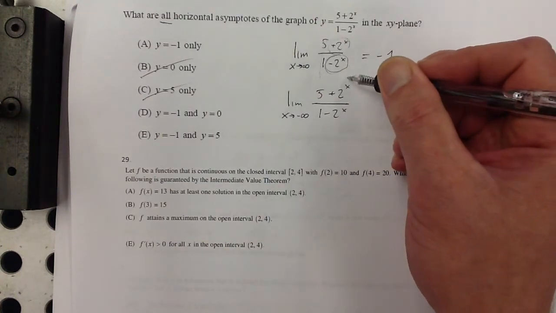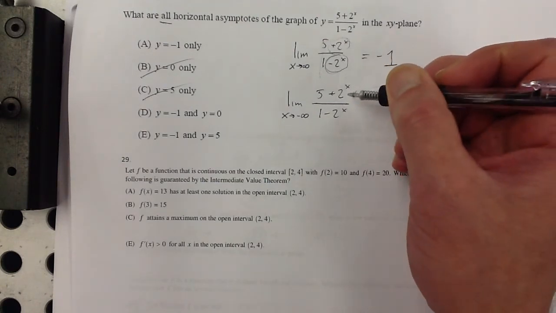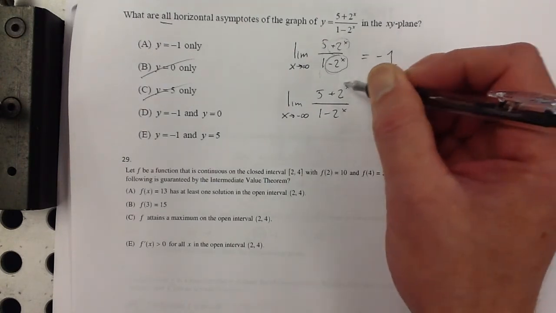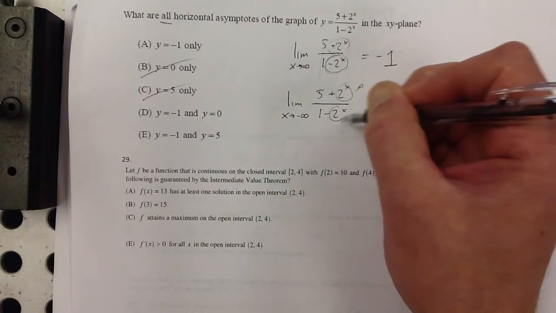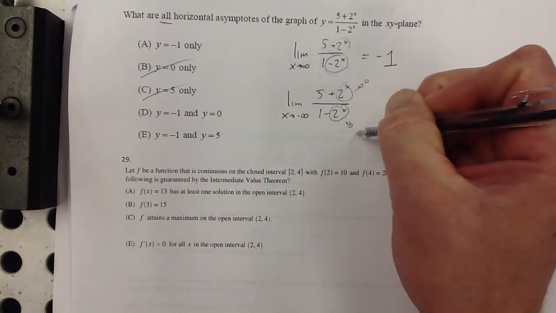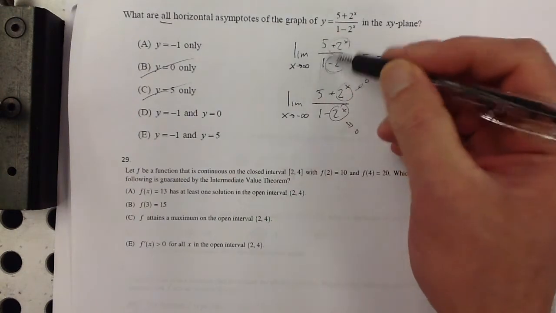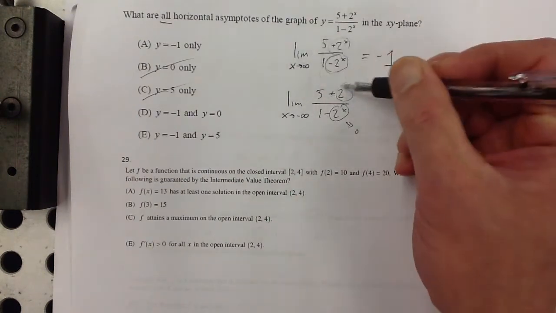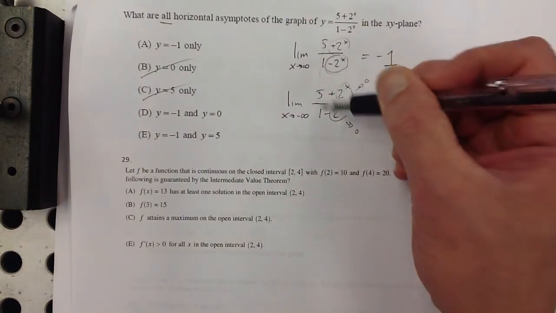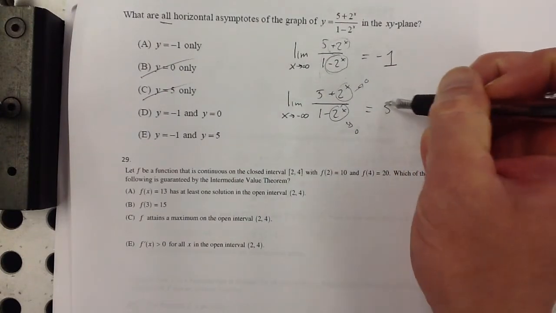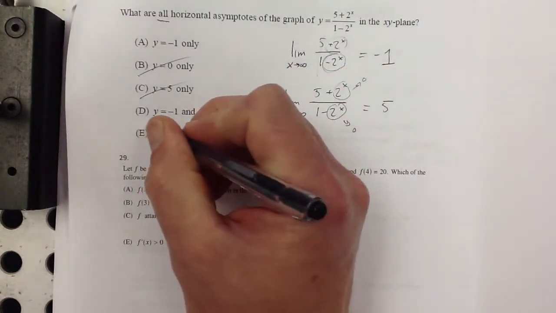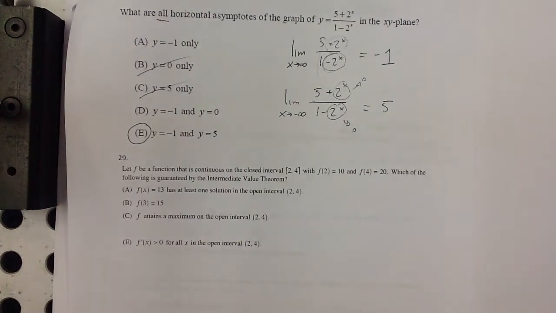It's 1 over a very, very large number. Now that's going to go to 0. So instead of these fading off like they did here, now these are going to 0. So 5 over 1, that's 5, and so we have 2 horizontal asymptotes.